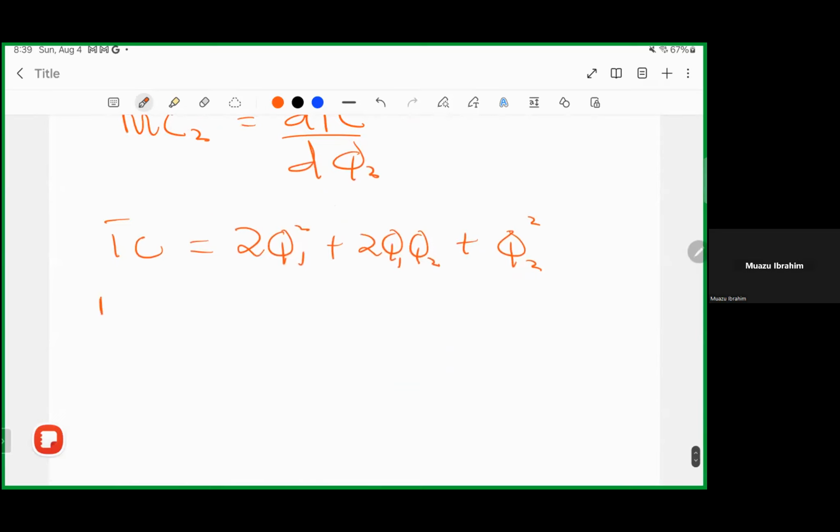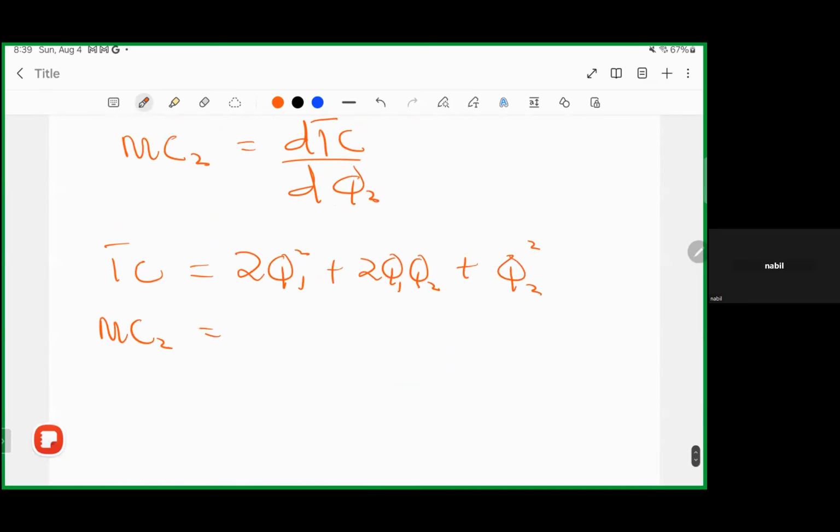So our marginal cost for the second one will be 2Q1 plus 2Q2. Excellent. Are we getting it?